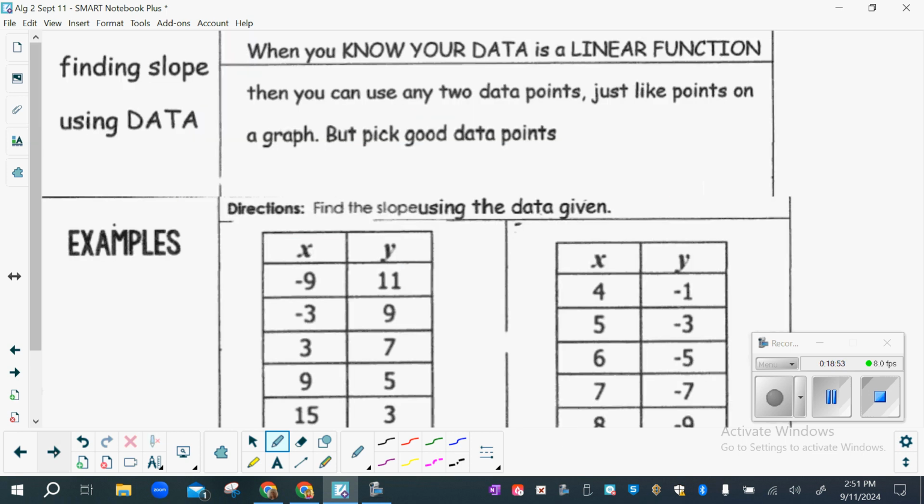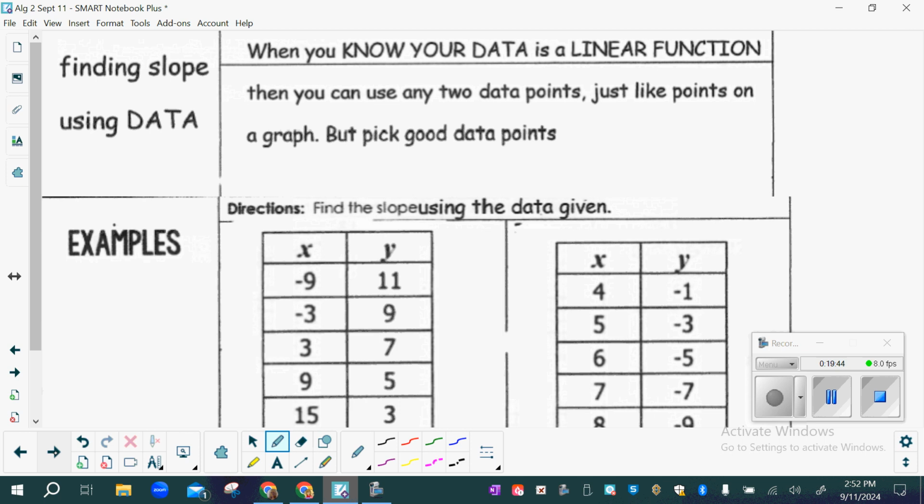Okay. So finding the slope using data. It says you can use any two data points, just like points on a graph, but pick good points.